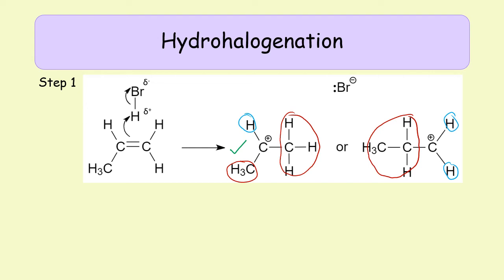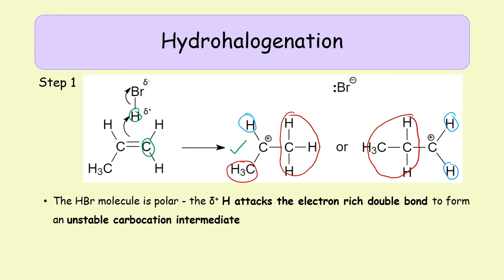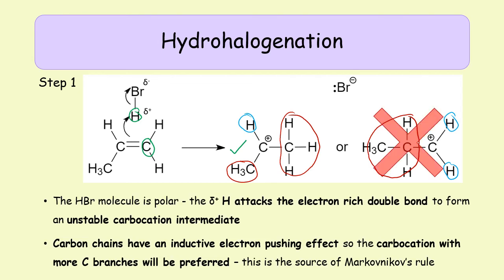And what has happened in this? Well, the hydrogen here has added on to the carbon that already had the most hydrogens on it. So that's what Markovnikov's rule explained. So our major intermediate leading to our major product will be our carbocation on the left-hand side.